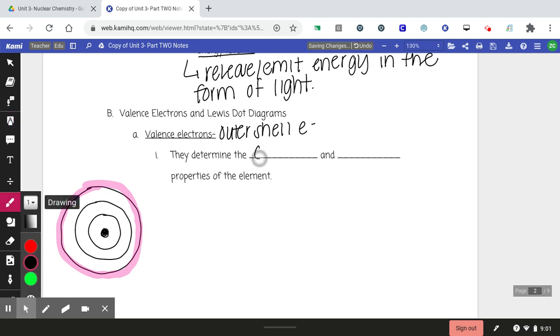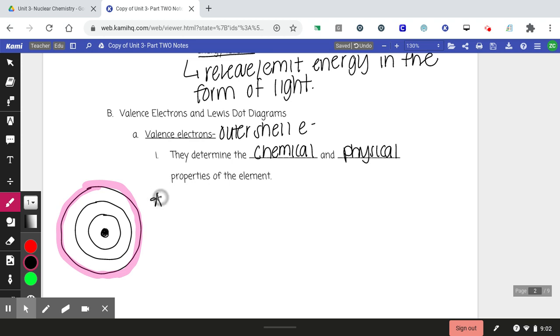They determine the chemical and physical properties of an element. So they tell us how this atom can or cannot bond, depending on how many valence electrons it has. And the goal of all of our atoms is to have 8 valence electrons, like our group 18 noble gases.